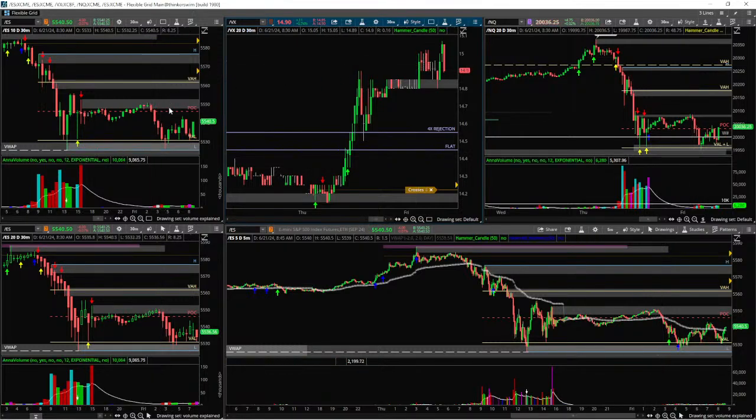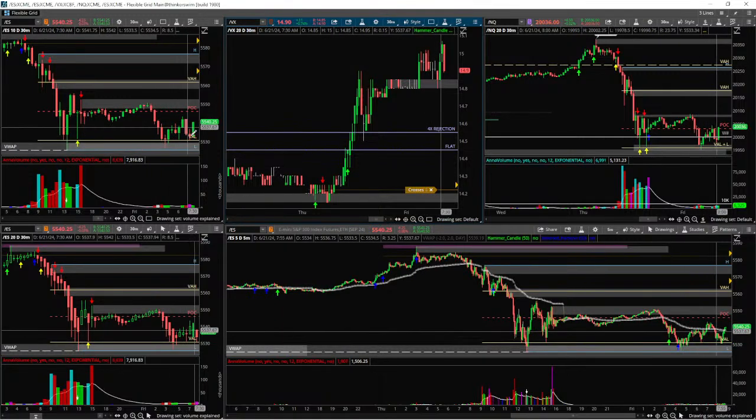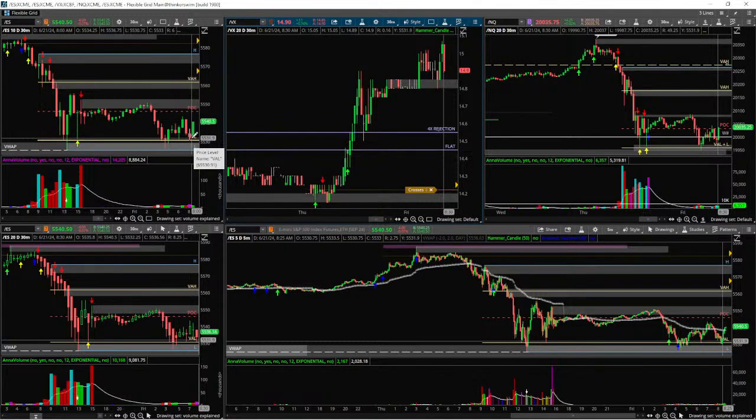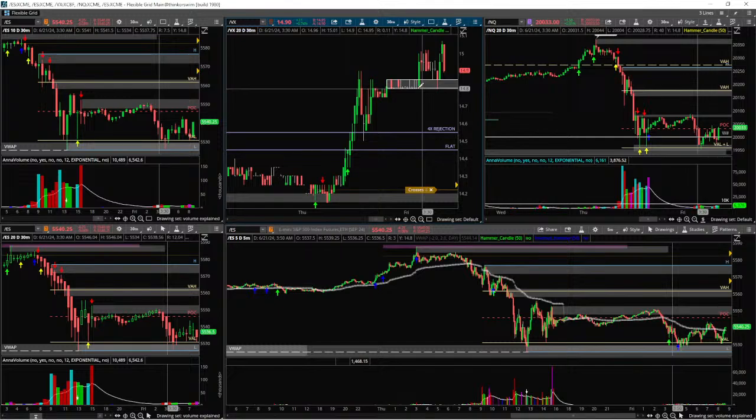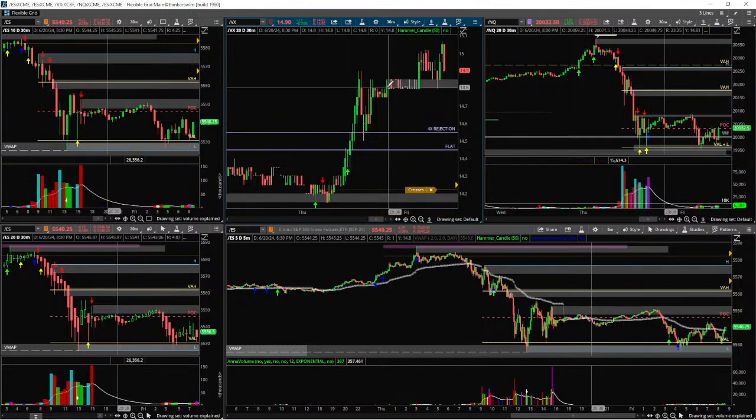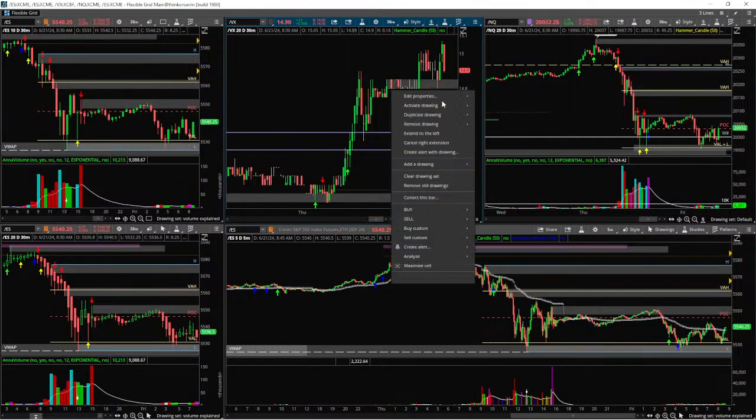All right, so here ES dropped down, came up and dropped down but held, or didn't go any lower. Now this is going to be a level of entry to see if VIX decides to break through it.